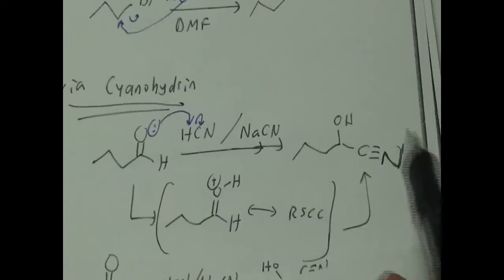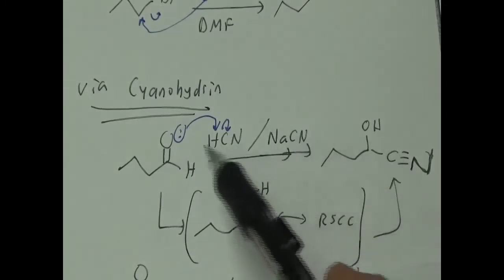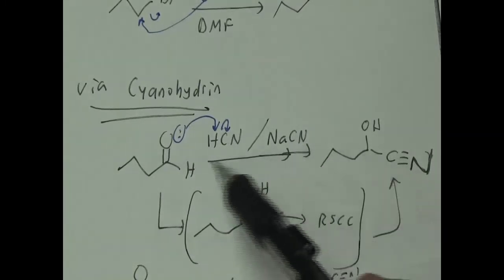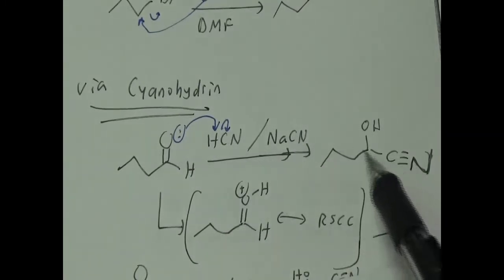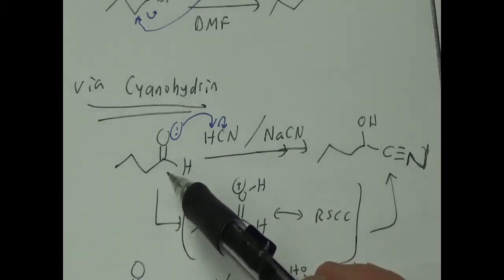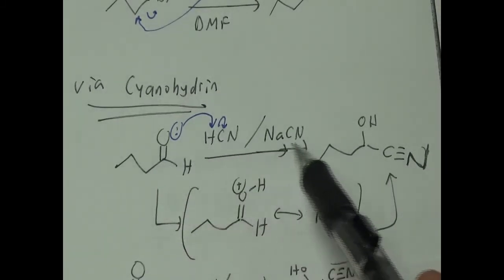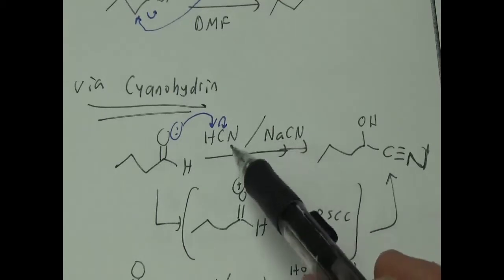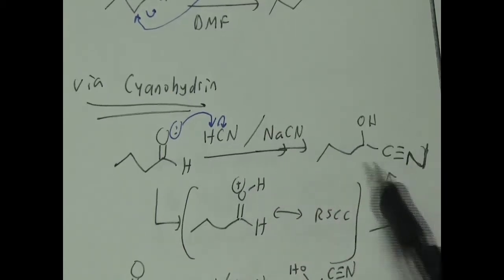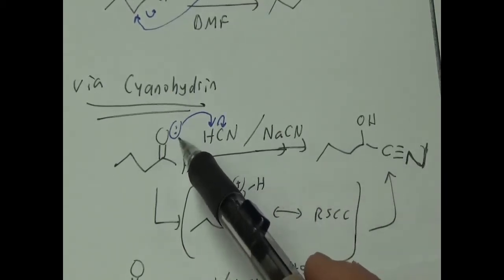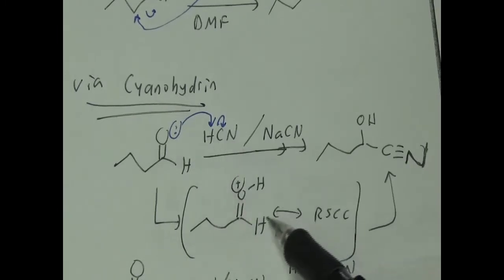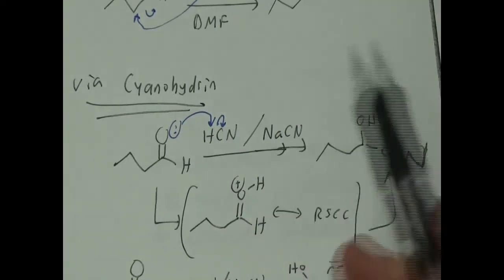And then there's also this class of nitriles that kind of look like a Grignard addition product almost, and you can react ketones and aldehydes with HCN and then NaCN, and the mechanism is incredibly easy. Oxygen grabs the proton first to make an RSCC, which you could draw.